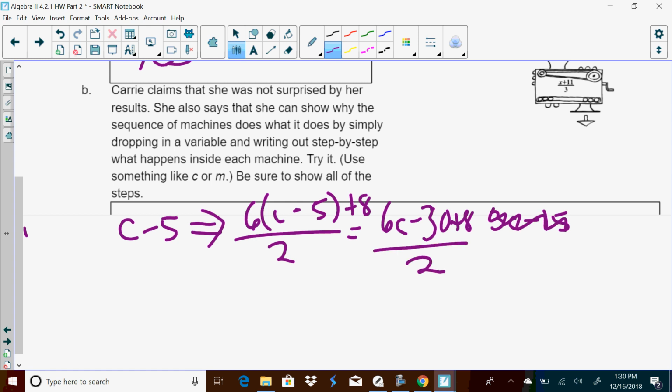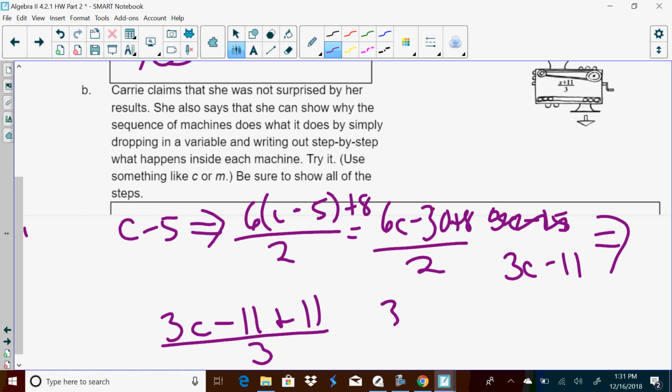So that ends up being 3C. So negative 30 plus 8 is negative 22. So minus 11. So then I plug that into the next part, which would be 3C minus 11 plus 11 divided by 3. So it'd be 3C over 3. So the answer is just C, which is what I plugged in.